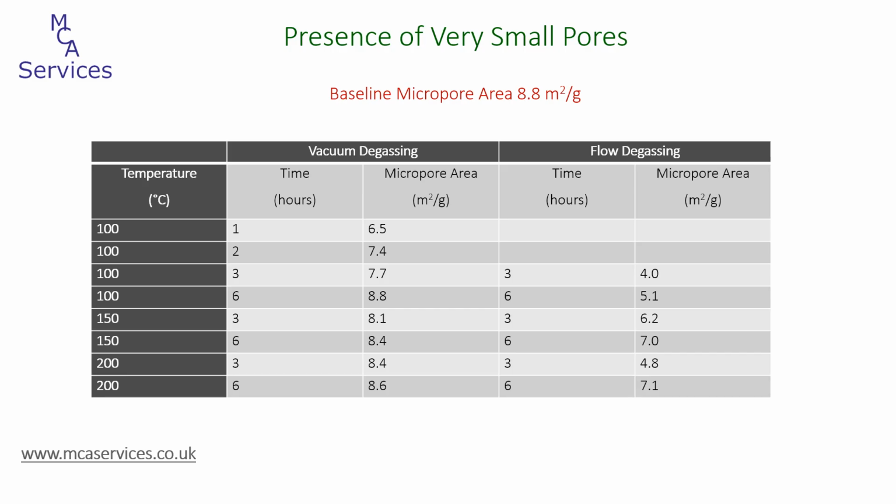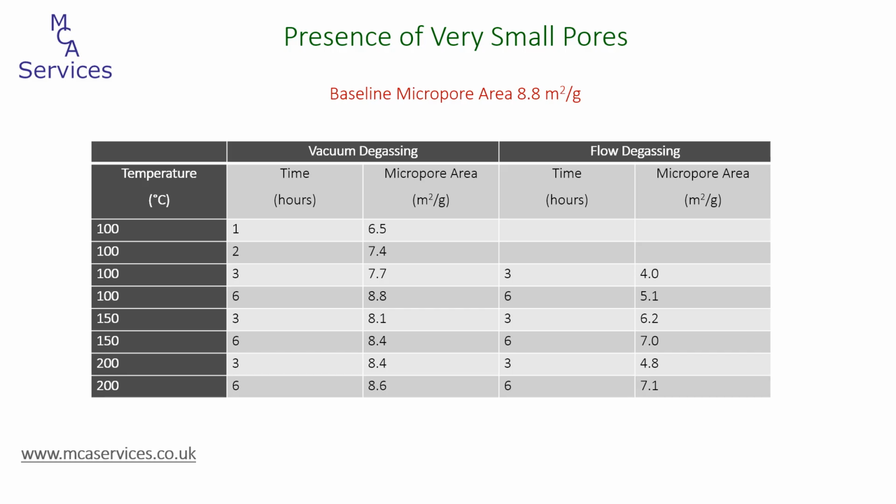Here, we're only showing the results for degassing at elevated temperature, and we're comparing the two methods, flow and vacuum. In fact, degassing at room temperature actually failed to provide reliable T-plots, indicating that the micropores remain contaminated even after 18 hours of degassing. We can see that vacuum degassing achieves a good match of micropore area with the baseline result at the longer degassing periods.